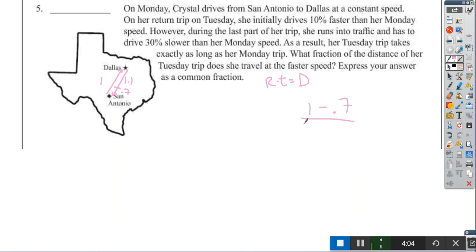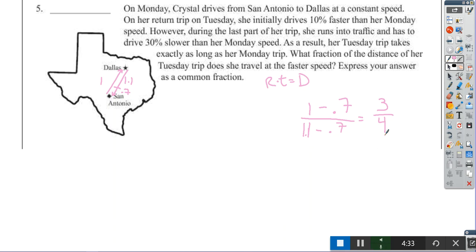Likewise, for the faster speed, that 1.1, we can also subtract out that 0.7. And that's going to tell us that we are going 3/4 of the trip at the faster speed. So if I go 3/4 of the trip at the faster speed, what fraction of the trip will I go at the slower speed? 1/4. Okay, that makes sense.